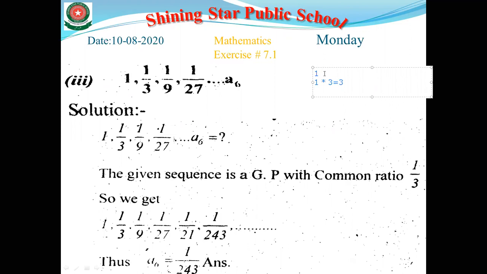For the third term, we multiply the second term with 3, that is equal to 9. For the fourth term, we multiply the third term with 3, that is equal to 27. For the fifth term, we multiply the fourth term with 3, that is equal to 81.